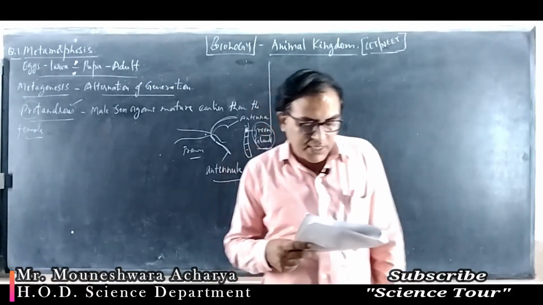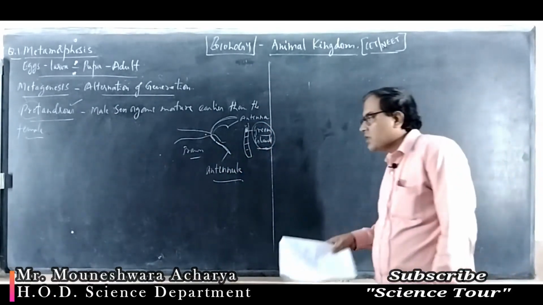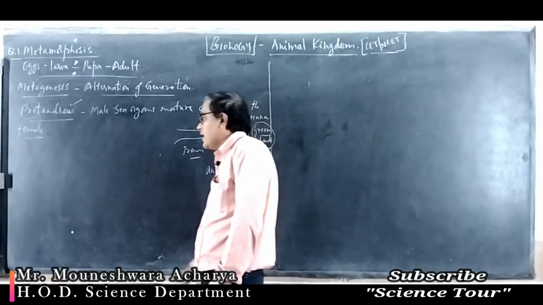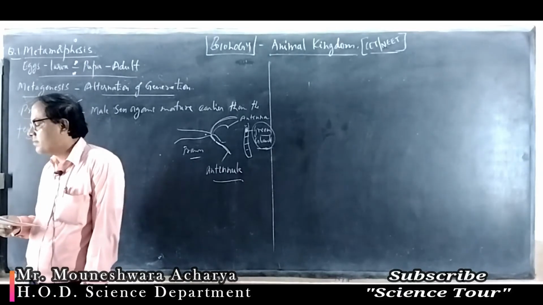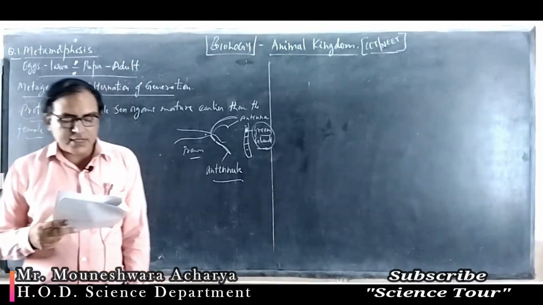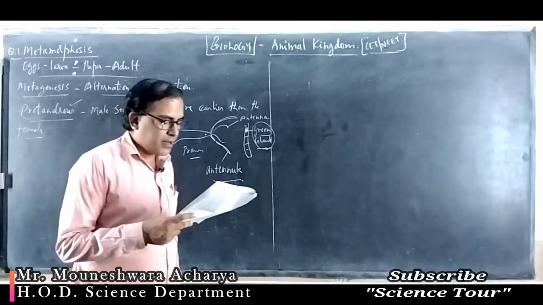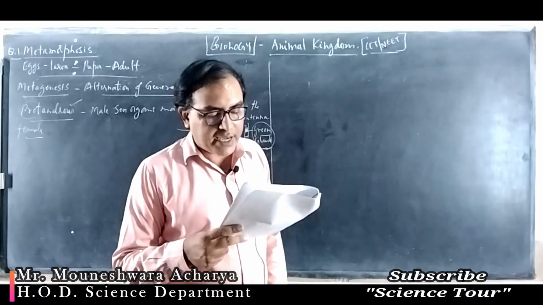We will move to question number 13. Match column A with column B and choose the correct option. There are two columns given, column A and column B. In column A, they have given different phyla: A. Porifera, B. Aschelminthes, C. Annelida, D. Arthropoda, and E. Echinodermata.